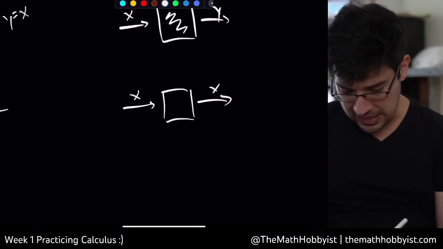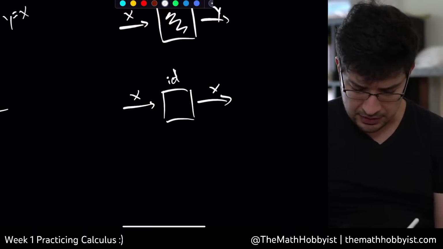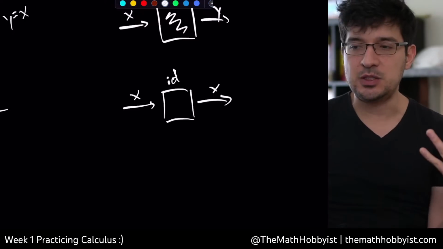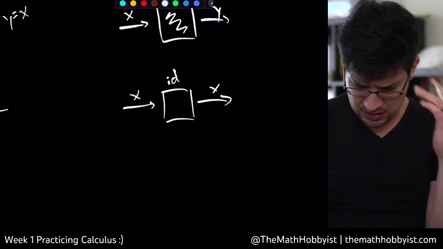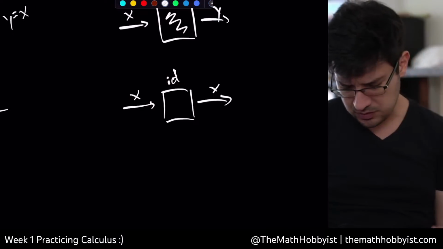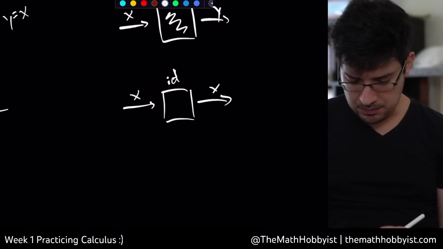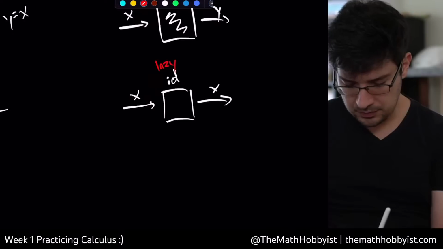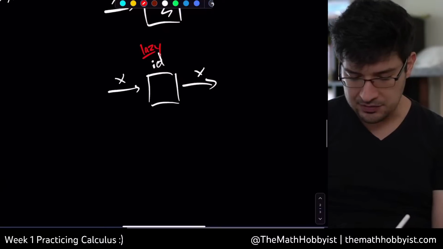I think we will actually see in calculus, we will see it being called ID, like the identity function. It just returns the same thing. I don't think I'm making that up. Am I getting that wrong? ID. I don't know if that's true. Doesn't matter. Who cares? The point is that this is the lazy function. It will just give you back whatever you hand it. It's not even going to do anything.